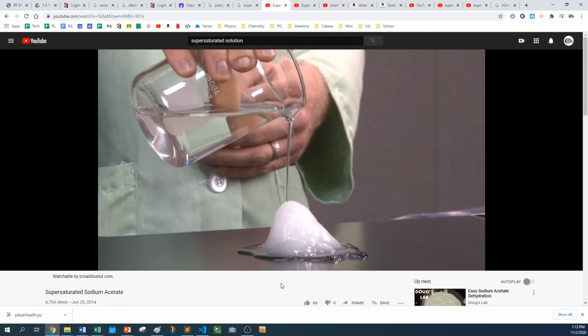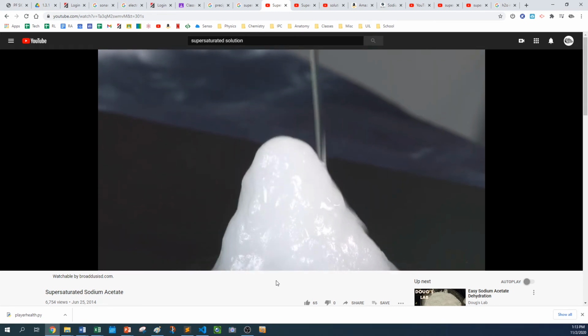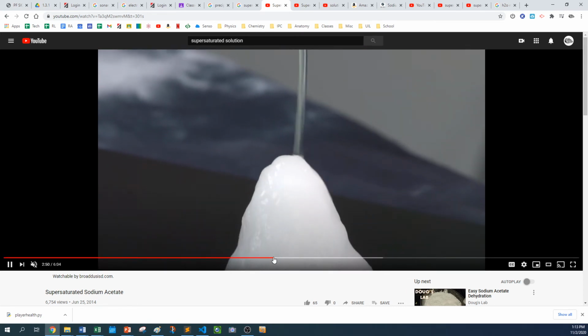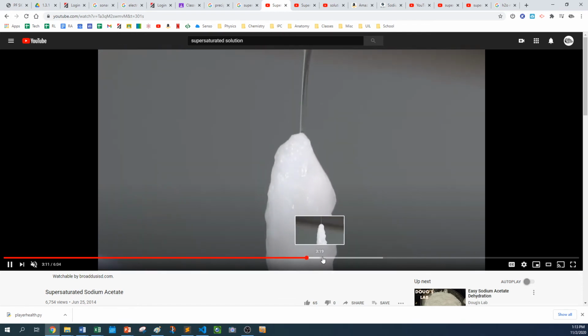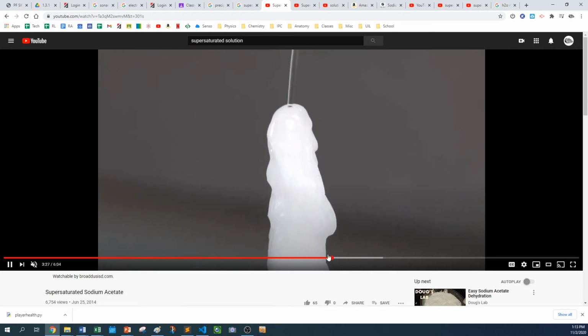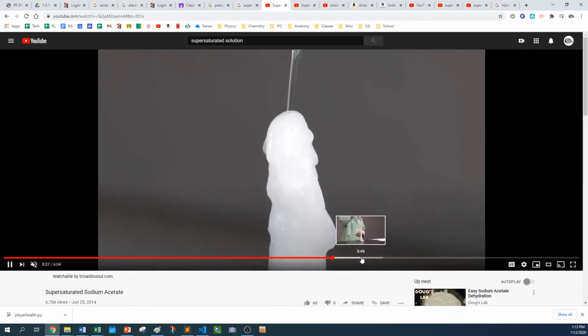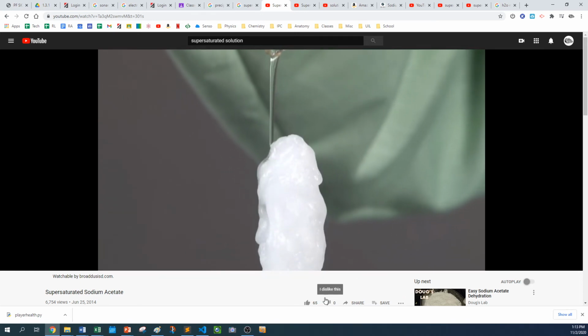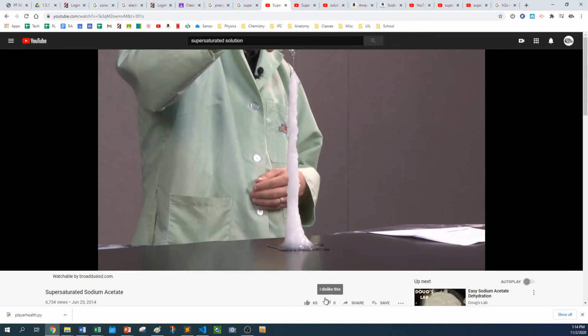And the thing about this chemical that's really good is you can make this very, very high. You can see it freezing.